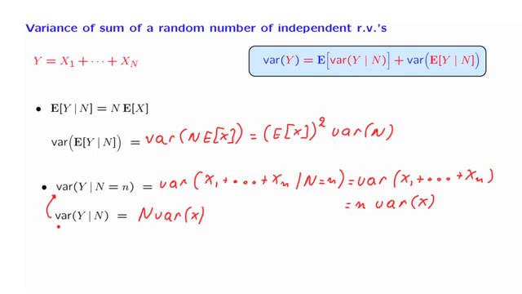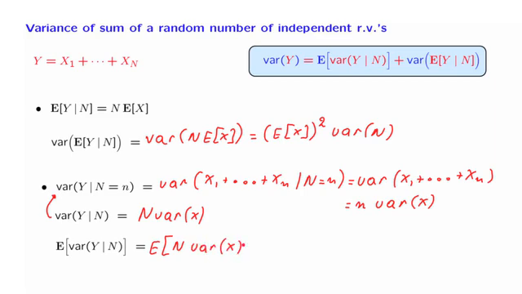Now that we have an expression for the conditional variance as a random variable, we can take the next step and calculate the expected value of the conditional variance. The expected value of the conditional variance is simply the expected value of this expression that we calculated up here.